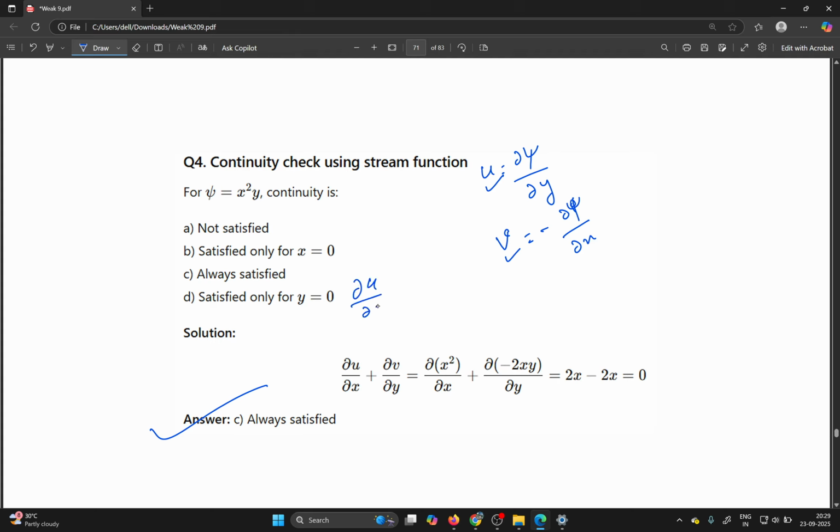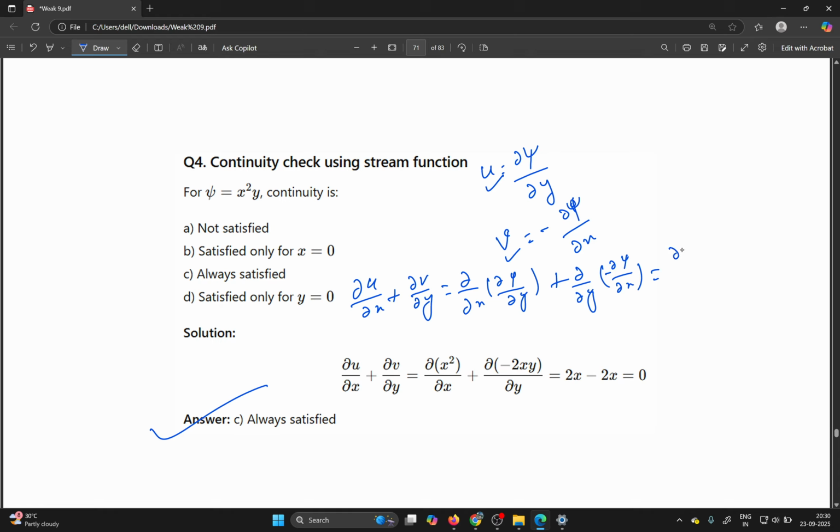So now let us put in del u by del x plus del v by del y. Here I want to put del by del x of del psi by del y, plus del by del y, and in place of v I am going to write minus del psi by del x.